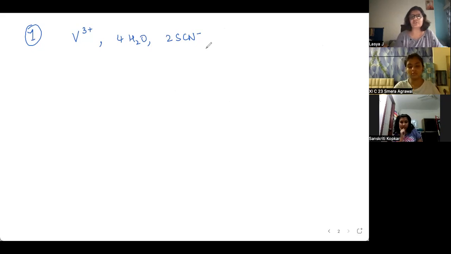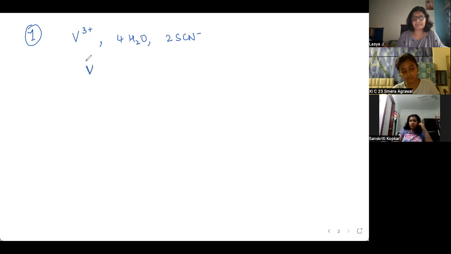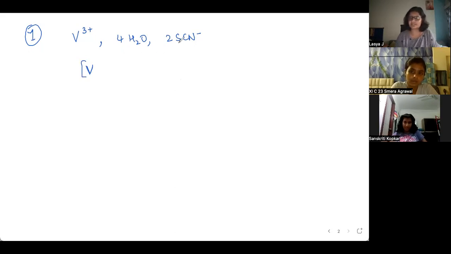Okay, so how do you figure this out? Here the metal is vanadium. So you need to write this first, all in square brackets. Then 4 H2O and 2 SCN. So H2O and SCN, alphabetically, which one comes first? H or S?